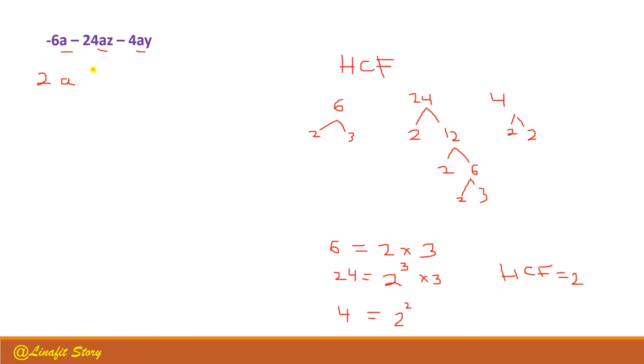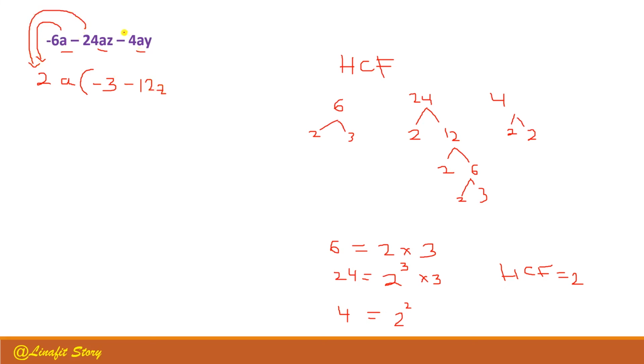So 2a, open bracket, negative 6a divided by 2a is equal to negative 3. Negative 24az divided by 2a is equal to negative 12z.